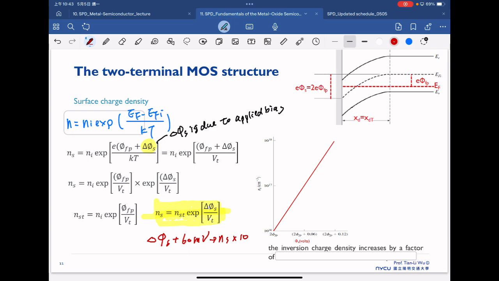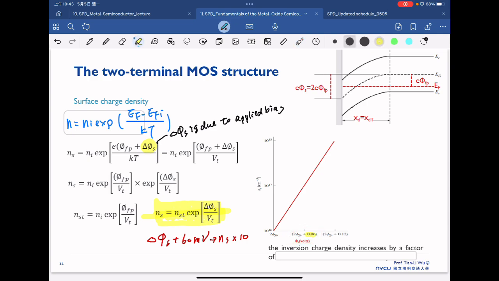As you can see from this graph as well, this is phi FP, this is phi FP plus 0.06, which is 60 millivolt here.